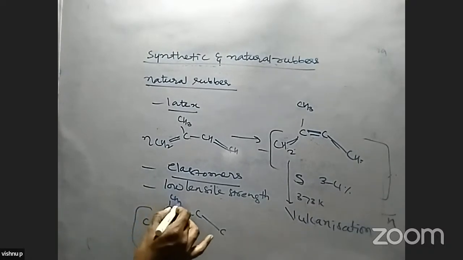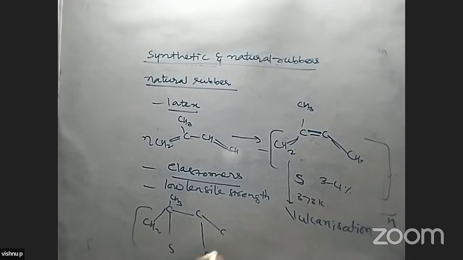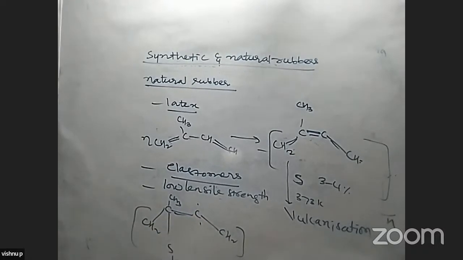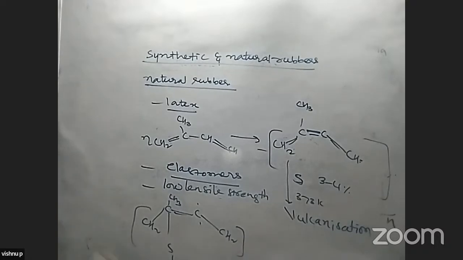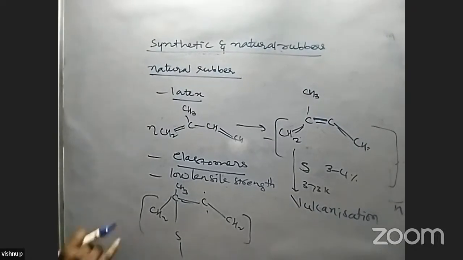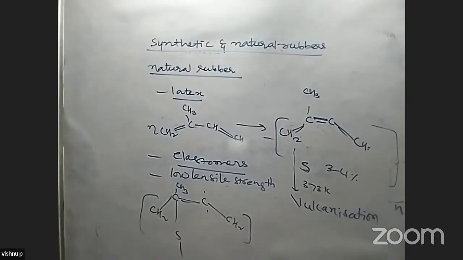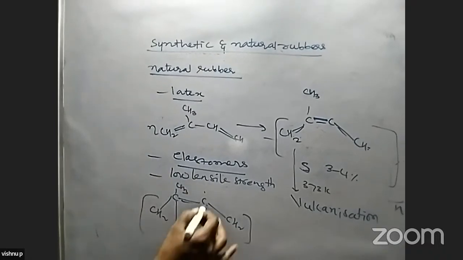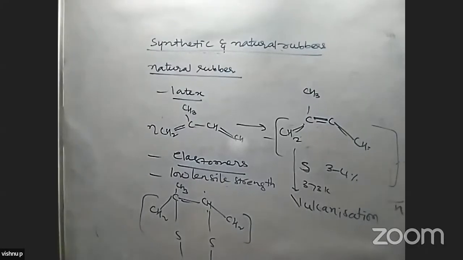Because of these extra bonds, the tensile strength always increases, and the melting point and boiling point increase, and this elastomer is converted into a cross-linked polymer. This is because extra sulfur bonds are formed between the rubber molecules, the monomer units of isoprene.